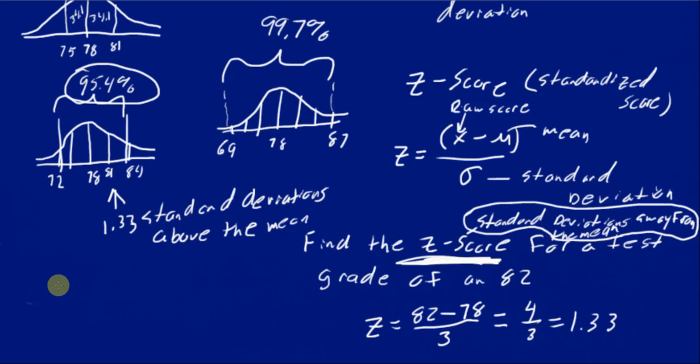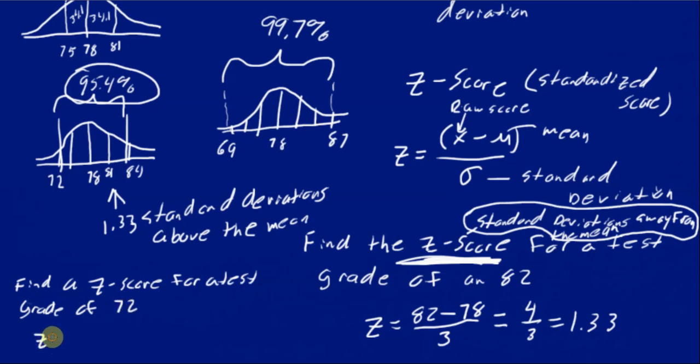So let's find the z-score for a test grade of, let's say, 72.